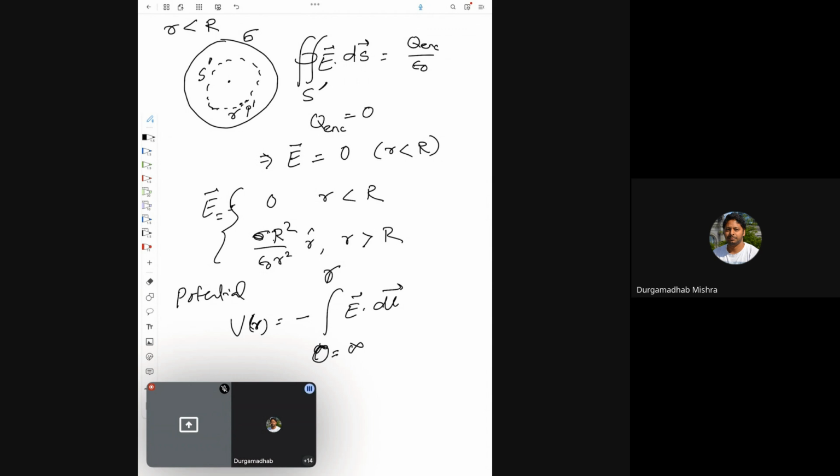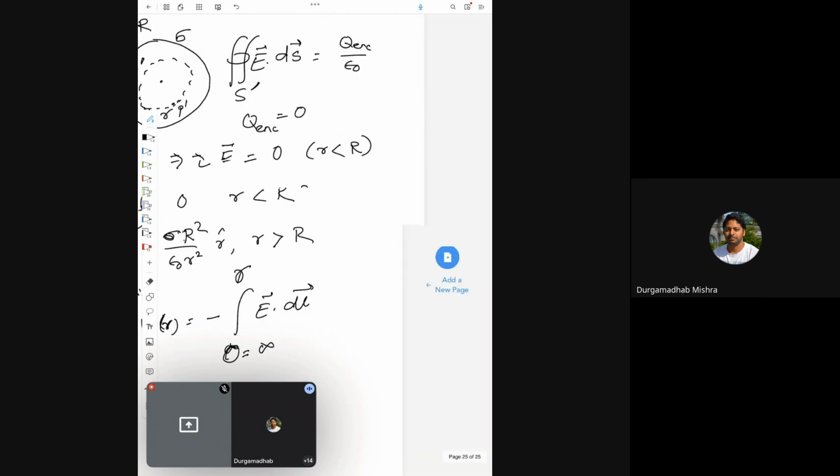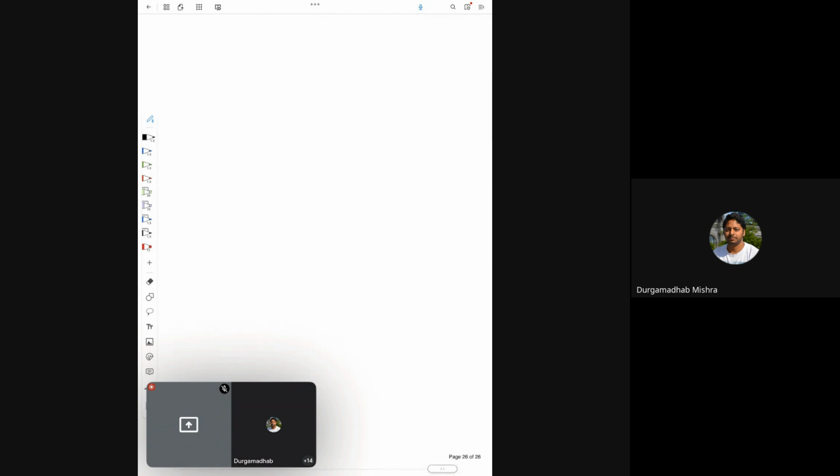Again we will look at two cases, one outside the cell and one inside the cell. Let's look at case 1, where r is greater than R. We know the electric field is given by sigma R squared by epsilon naught r squared, r cap.